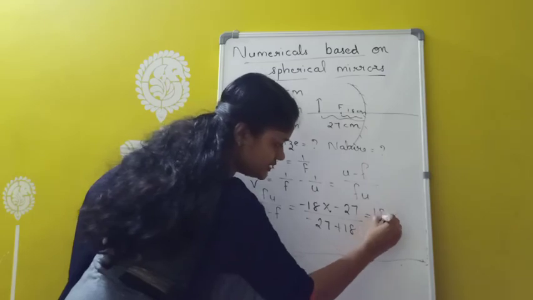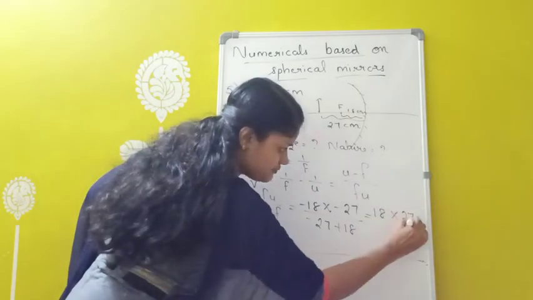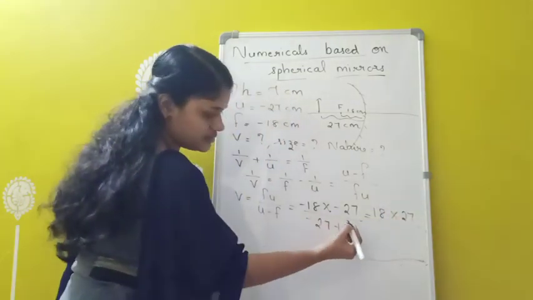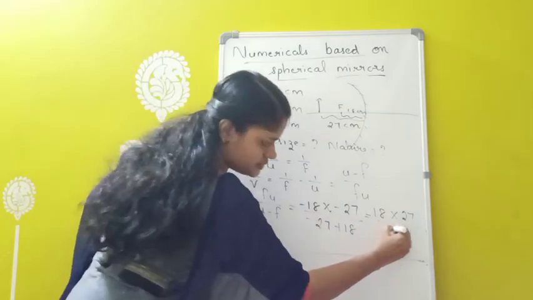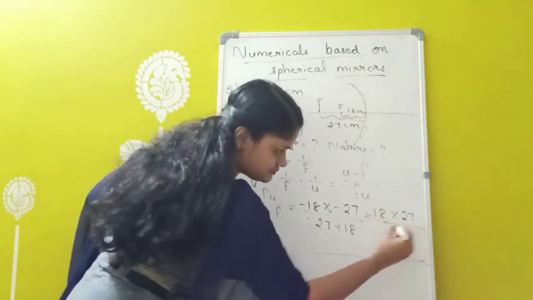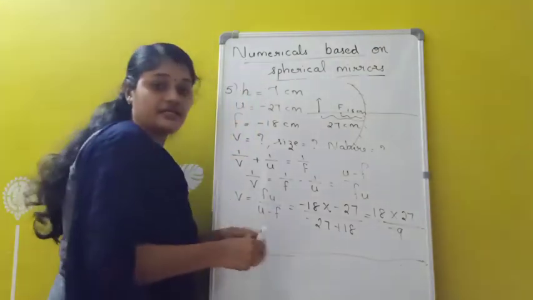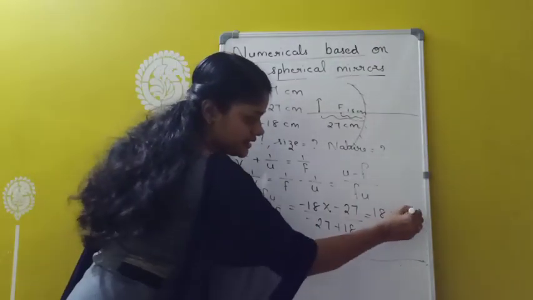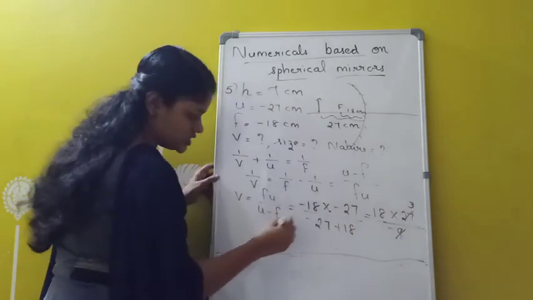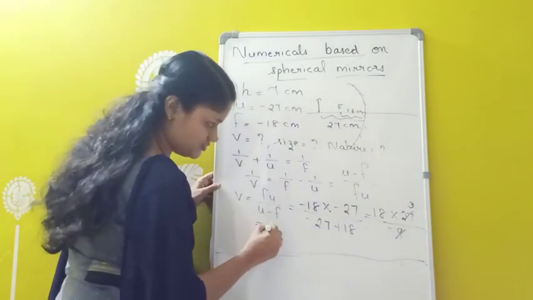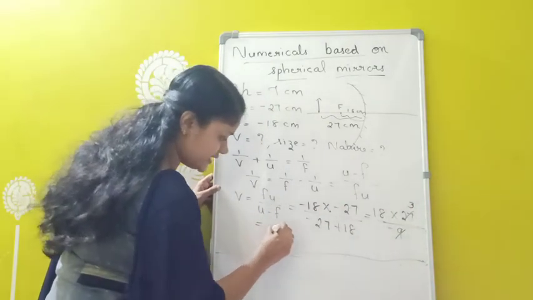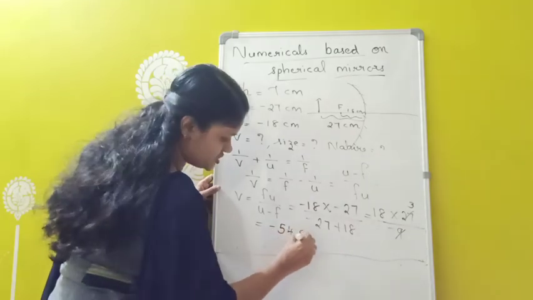So I am writing simply 18 into 27 divided by 27 minus 18, which is minus 9. This value is minus 9. So I am cancelling: 3 9s are 27. So you will get 18 into 3 is 54, so the answer is minus 54 centimeter.